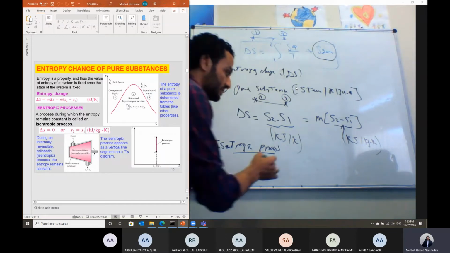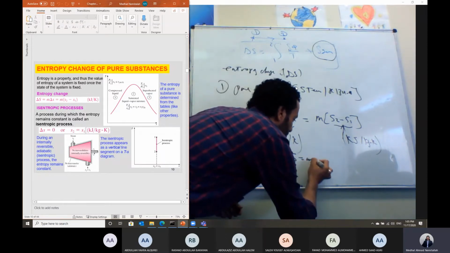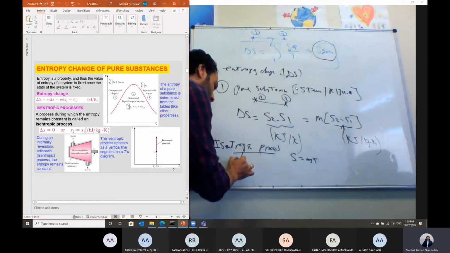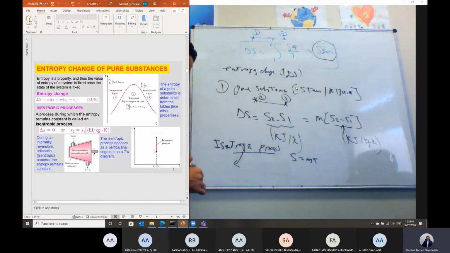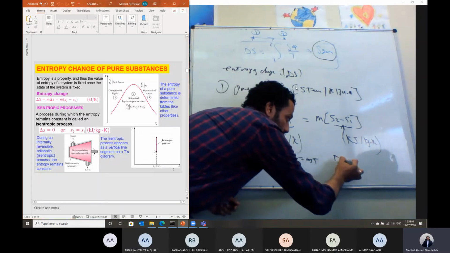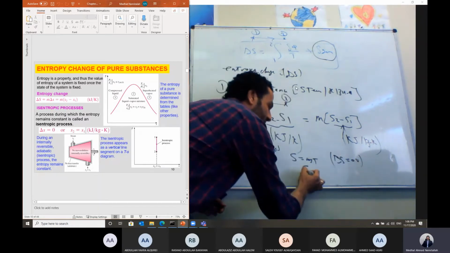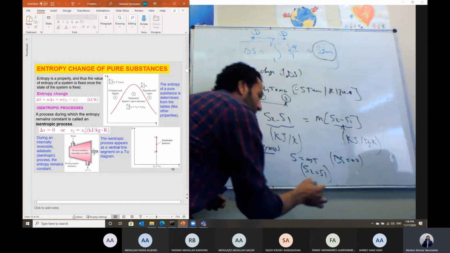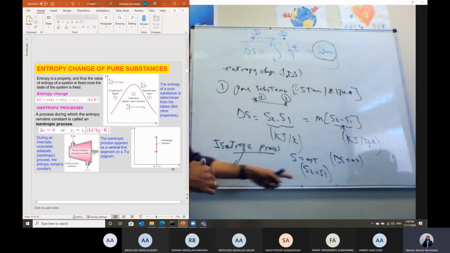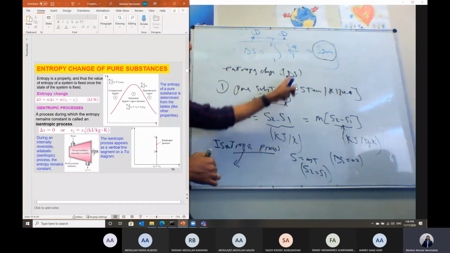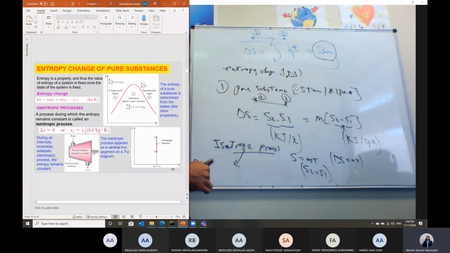So an isentropic process means S is equal to constant, or we can say delta S is equal to 0, which is S2 minus S1. In this case entropy is constant, so S2 is the same as S1.